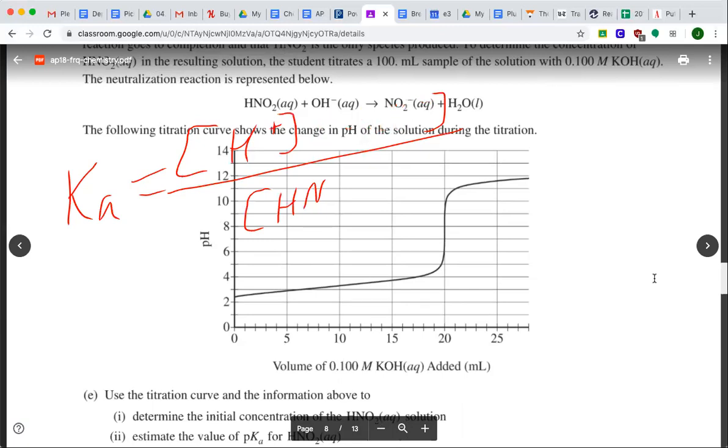I botched that. All over the HNO2 concentration. Okay, so if our pH is 2.5, our H plus concentration is 10 to the negative 2.5.